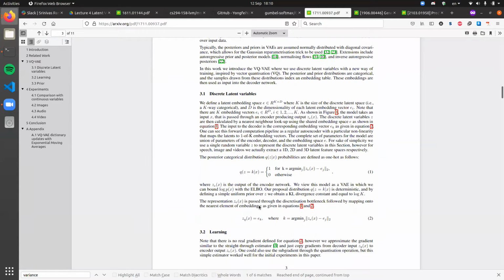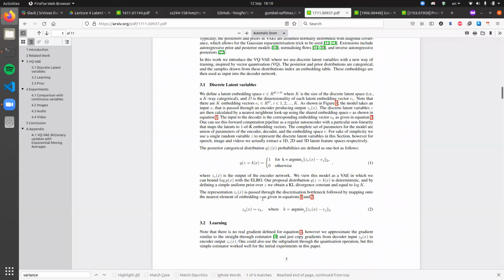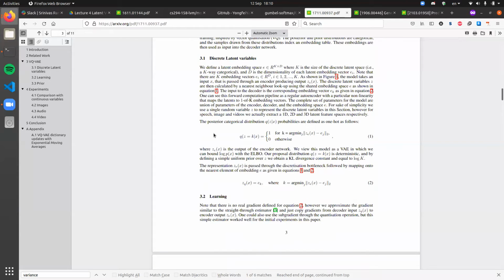And if we are working with images, as we will do in the examples, this would be an n by n grid of codes, but the idea remains the same.